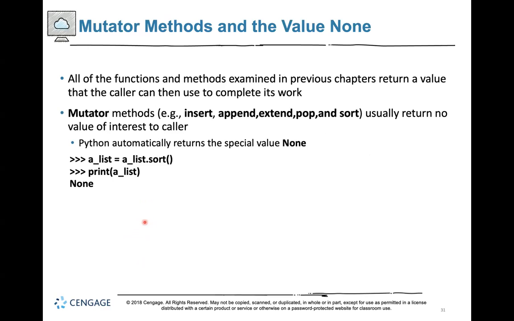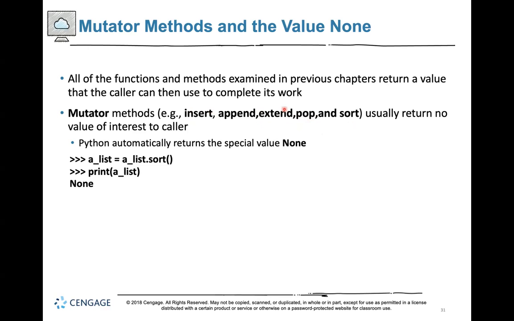So the methods that actually modify the list itself are called mutator methods, such as insert, append, extend, pop, and sort. They're actually going to change the list object itself. So they're called the mutator methods.